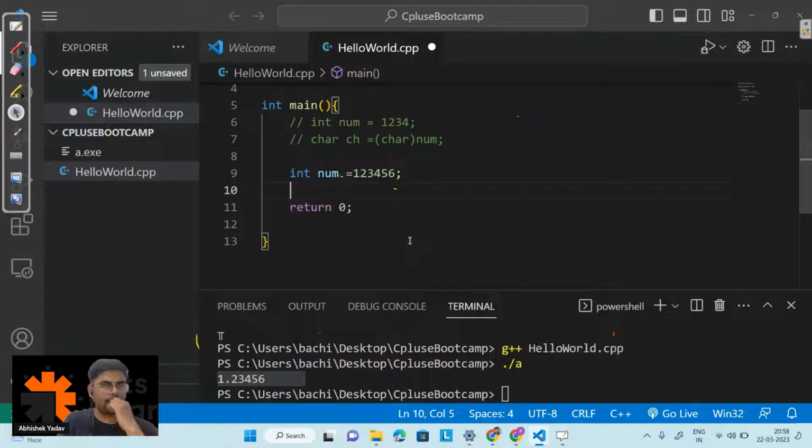Num modulo 10. Sheikh, why are you taking modulo with 10? Why are you not taking modulo with any other number apart from 10? By reverse. Sanu, how will you reverse the number? Again, those who are saying I will take modulo with 10, why are you writing modulo with 10? Anyone?